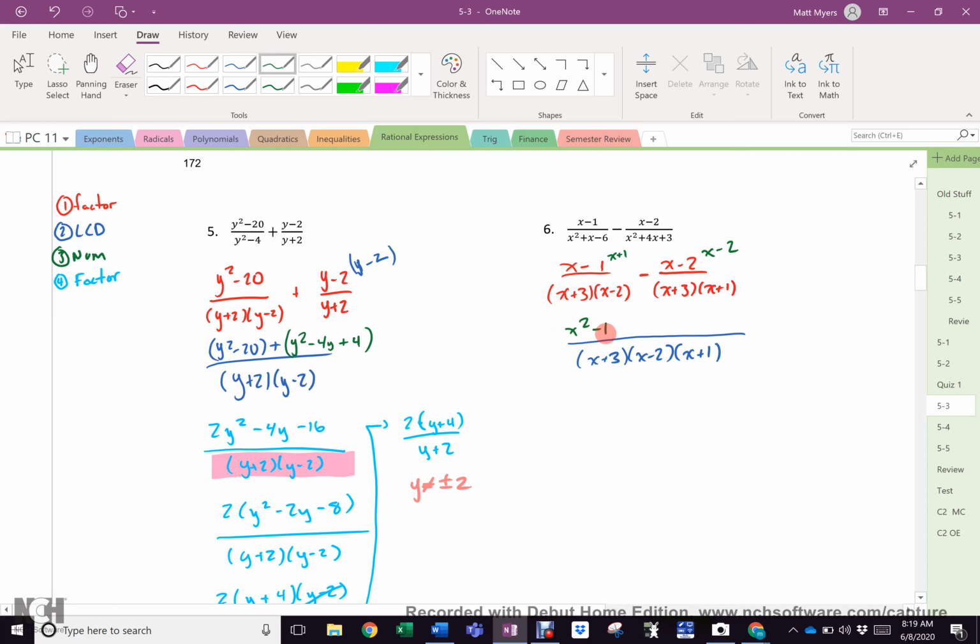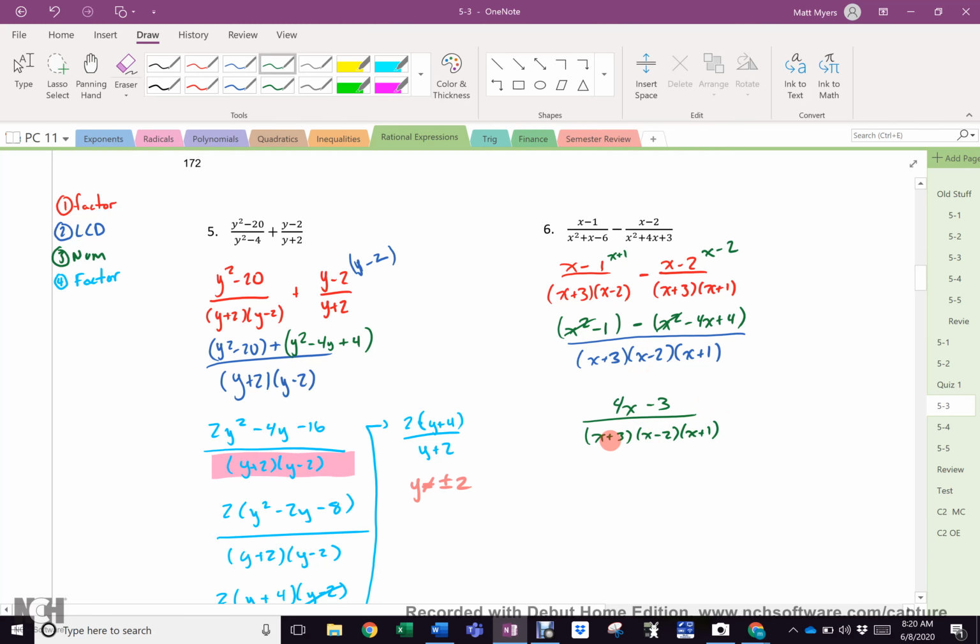X squared minus 1 minus x squared minus 4x plus 4. Collect your like terms. X squared minus x squared, they're gone. Negative times negative 4x is 4x.